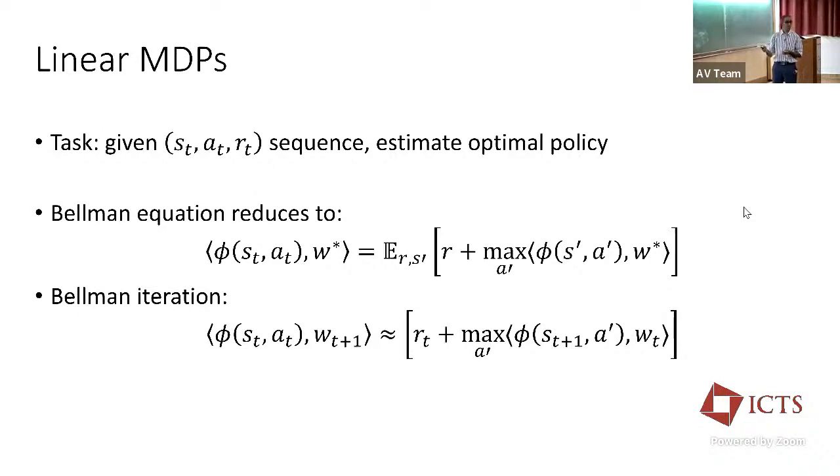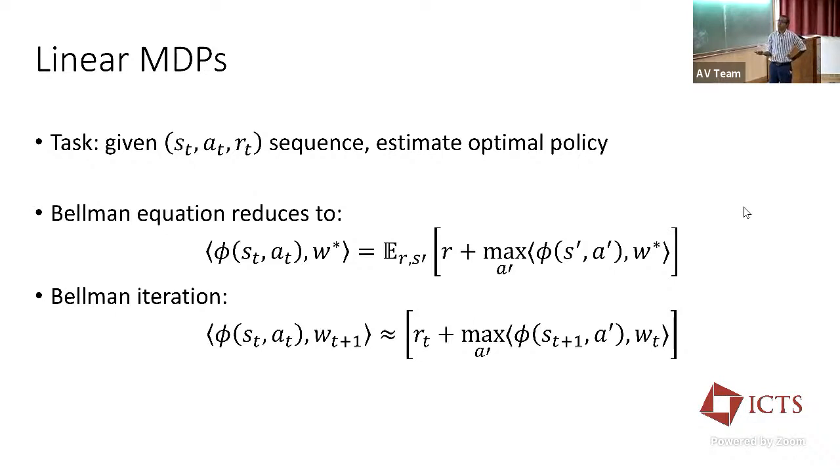So the Bellman equation that we had earlier reduces, in this linear MDP case, to this nice fixed form, right? Here what we are saying is that the Q function is parameterized by W star, and this is essentially the Q function for the st, at pair. And it has very much the same recurrence here. Again, I'm missing a gamma factor here, sorry. Right?